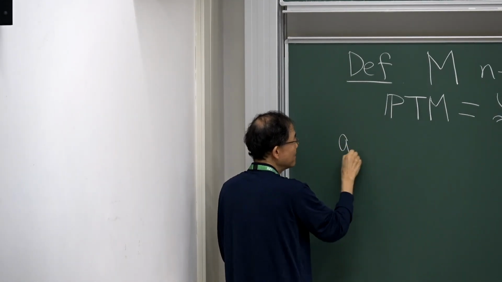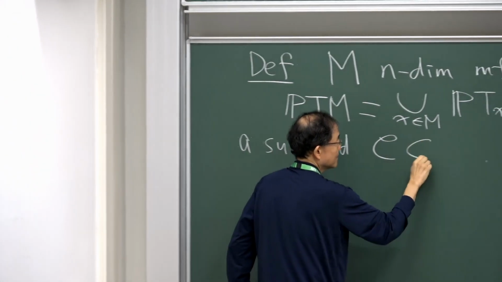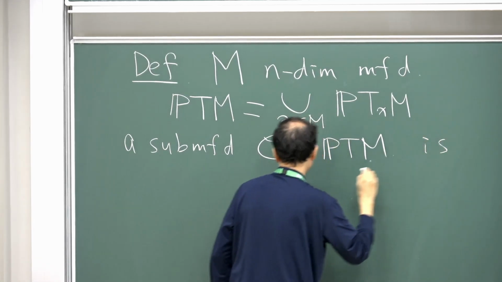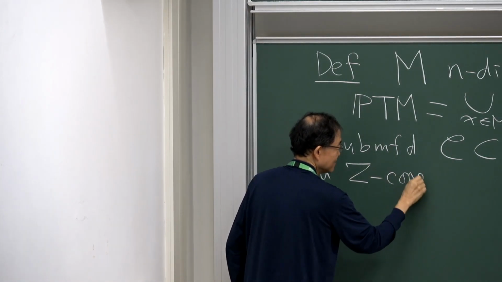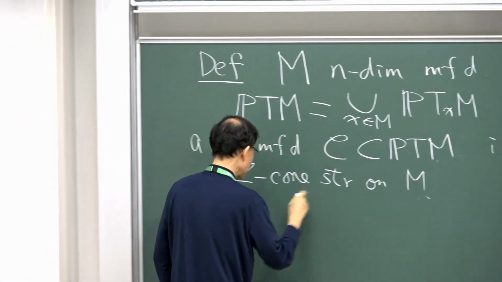Then we consider a submanifold C. This is what I would like to define as a Z-cone structure on M.